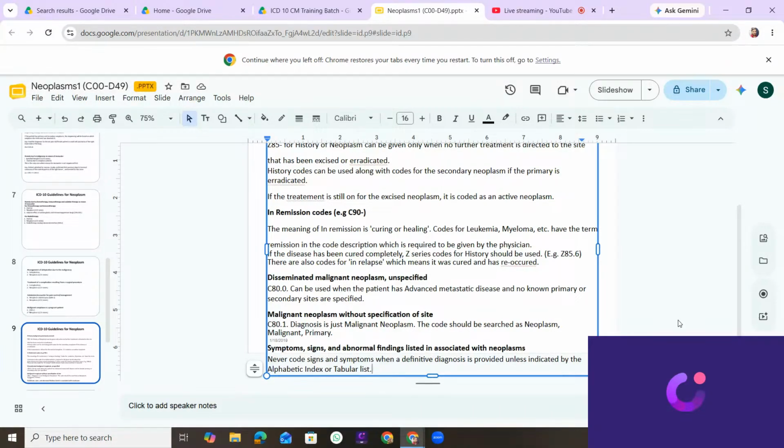C80.1 is a diagnosis of just malignant neoplasm. The code should be the malignant primary neoplasm; signs, symptoms and abnormal findings associated with the neoplasm should never be coded when the definitive diagnosis is provided, unless indicated by the alphabetic index or tabular list.